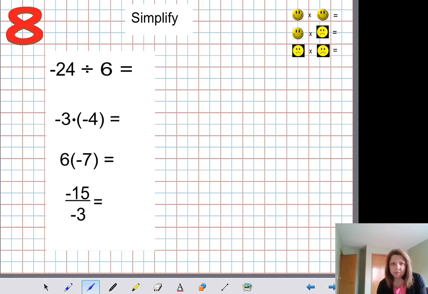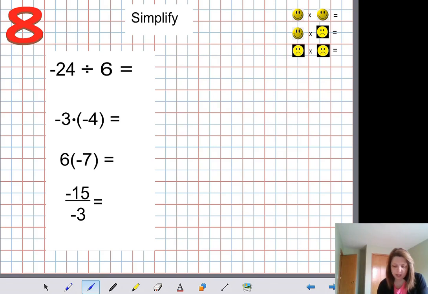The last few examples are division and multiplication. So the rules are, if we are multiplying, for example, look at this thing on the top over here, those smiley faces. If we are multiplying positive numbers, the answer will be positive.